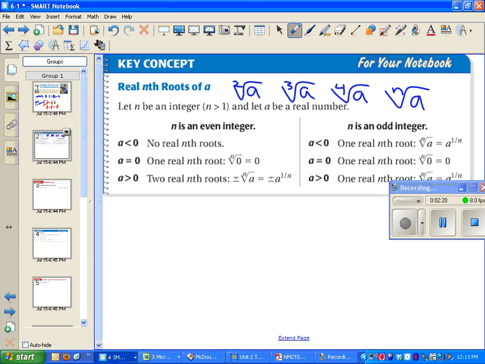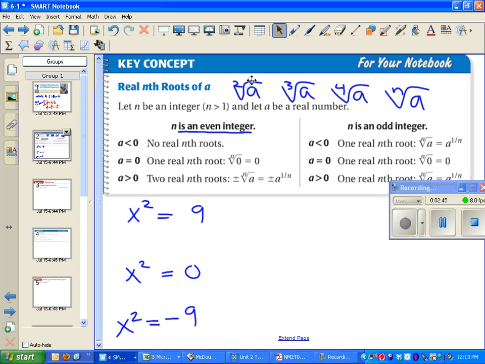So when we have square roots and 4th roots, n is an even integer, and when the number is less than 0, there's no real roots, and this is why. So if we had x squared equals 9, say x squared equals 0, and x squared equals -9.